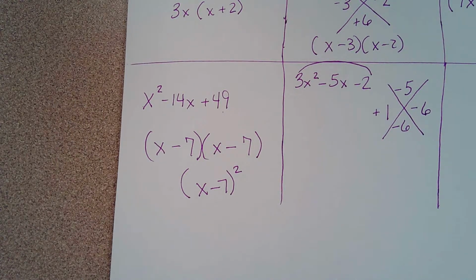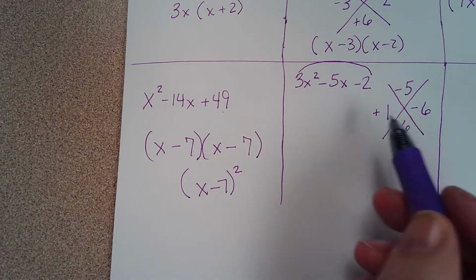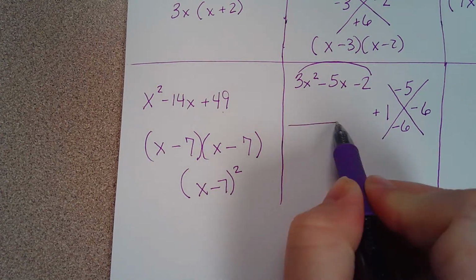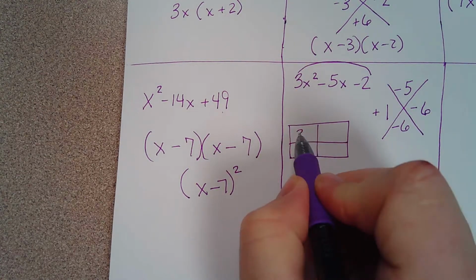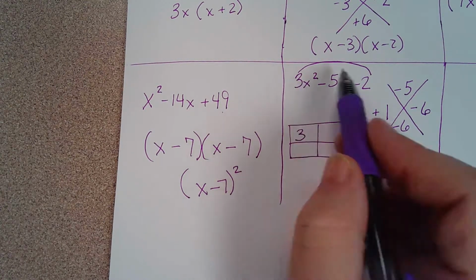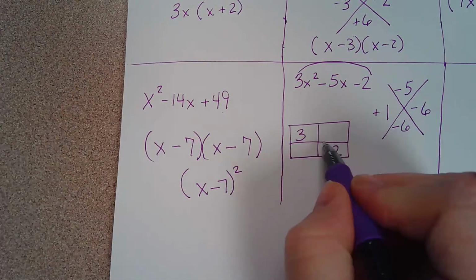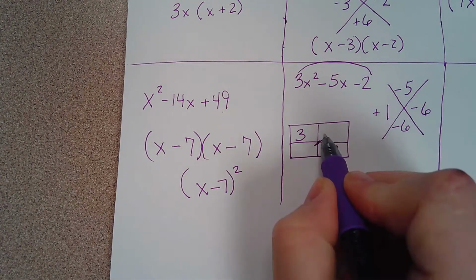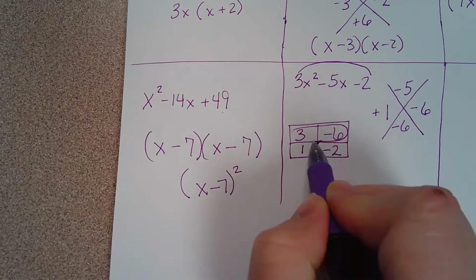Okay, now remember with this type, you do not jump directly into the two parentheses. You have to do your factor box. So we put the 3 in the upper left-hand corner because it's the first one, and the -2 in the lower right-hand corner. The two factors you just found, you're going to put up here, so -6 and +1. Now we ask ourselves, what can I factor out of that top row?